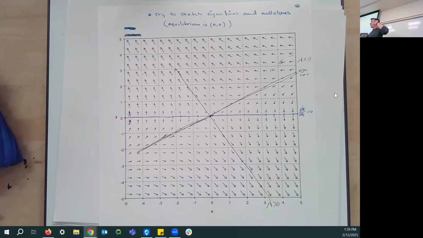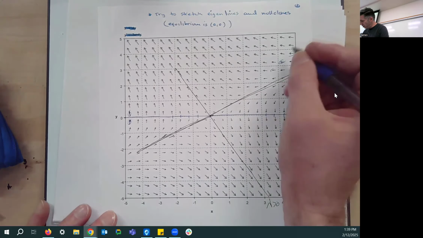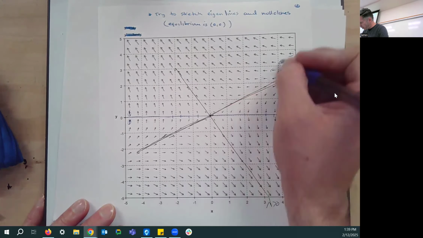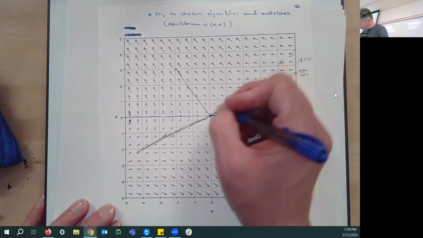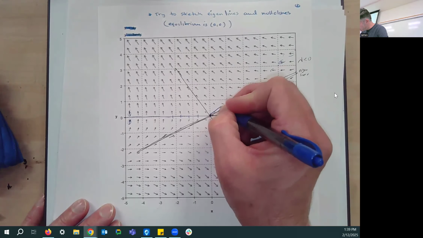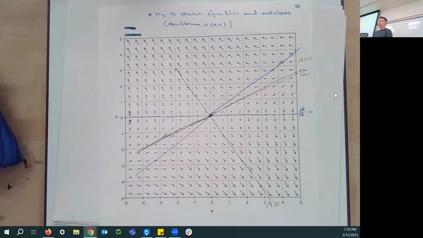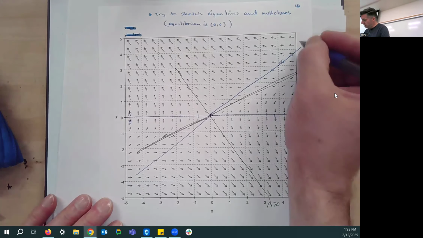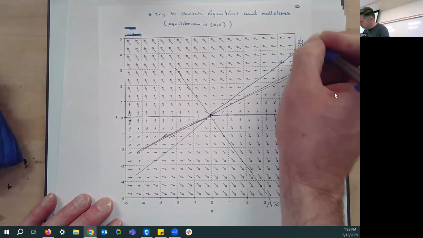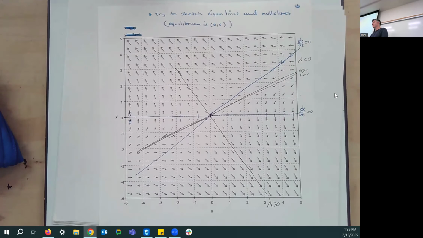All your lines have to go through the origin. So if I'm starting here, I'm trying to go through here, I can draw a line that goes to, right, I can make that happen pretty easily. So there we go, kind of like that. Is it perfect? No, but it's pretty close. So that's where my dy/dt equal to 0 null line is.